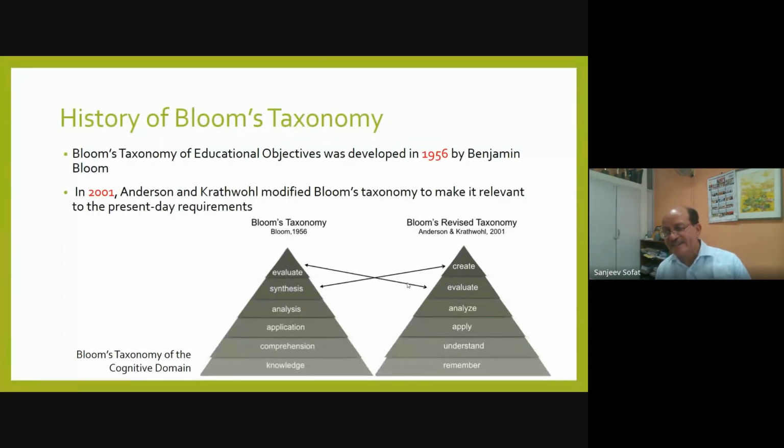But now there is an exponential growth of knowledge, so how much can I remember? We have got a number of tools and technologies available. Do I have to remember everything? That means we have to decide how much to remember, how much to understand, and how exactly we apply.